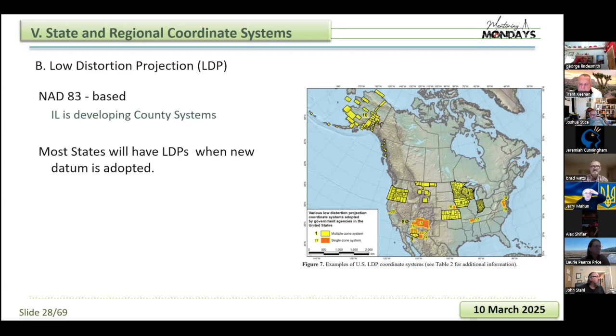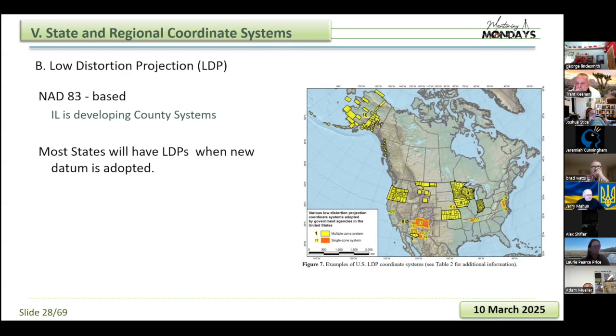One is right now in Wisconsin, we have to manage those coordinate systems on our own. There is no other authority that handles those things. So we handle it basically on our own. Once it becomes adopted as part of the new datum, then NGS handles them. And right now, it's not part of any of the NGS software.